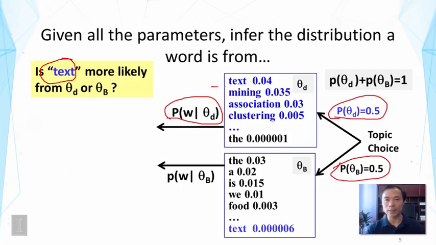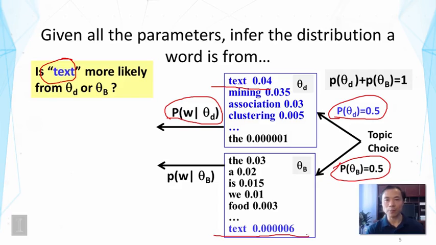And we see that in both cases text is possible. Note that even in the background it is still possible, it just has a very small probability, right? So intuitively, what would be your guess? So in this case, now if you're like many others, your guess is that text is probably from theta sub d. It's more likely from theta sub d.